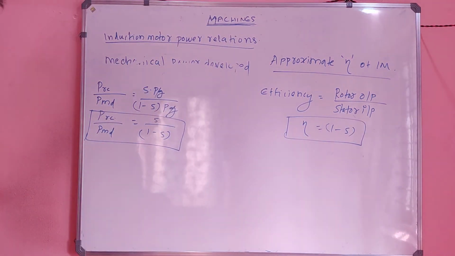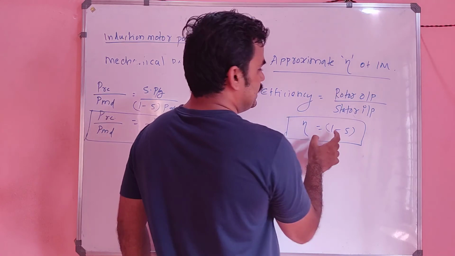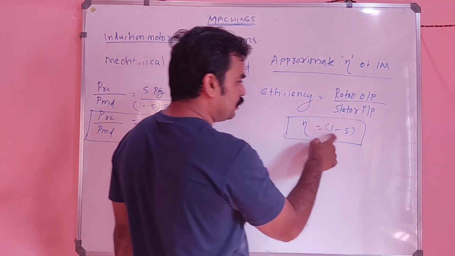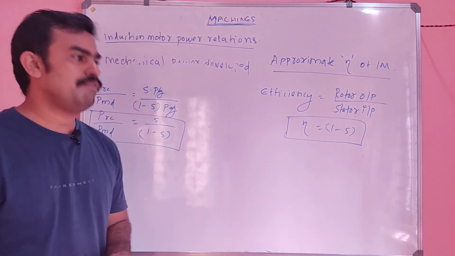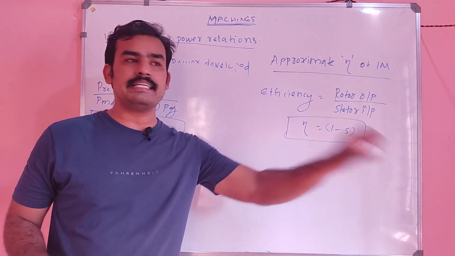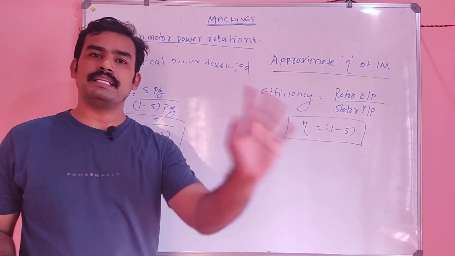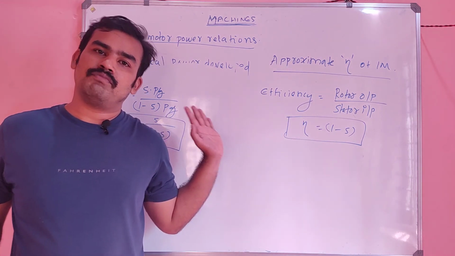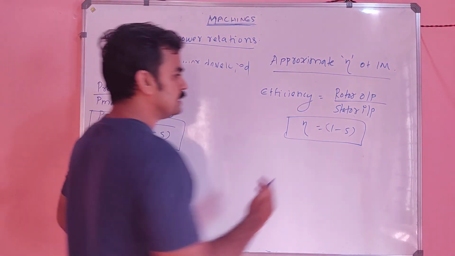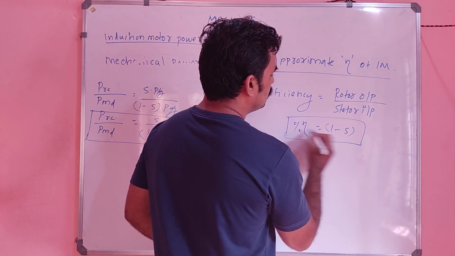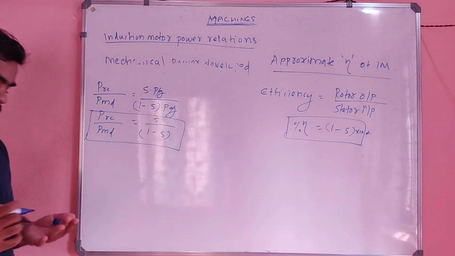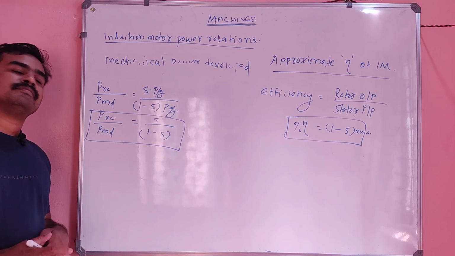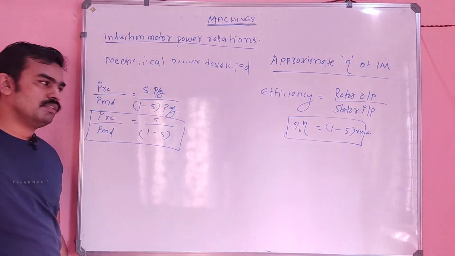It's a very useful relation. It actually comes from a derivation, but we don't need that derivation; simply remember this. The efficiency of an induction motor in terms of slip is (1 minus s), and percentage efficiency is (1 minus s) into 100. So you have to remember these equations all the time.